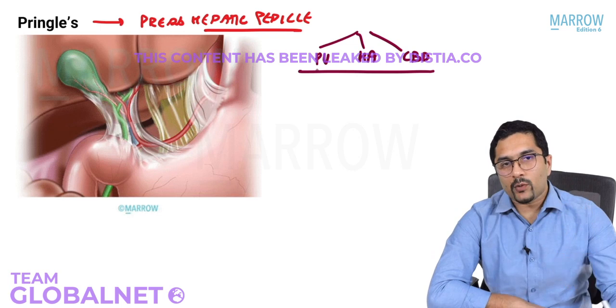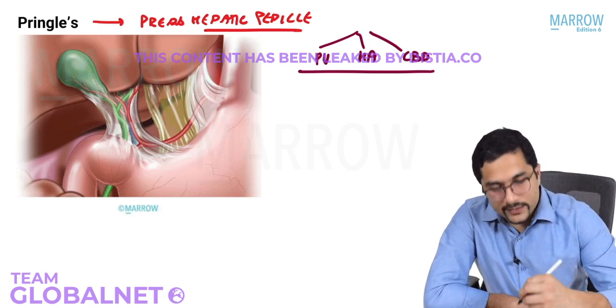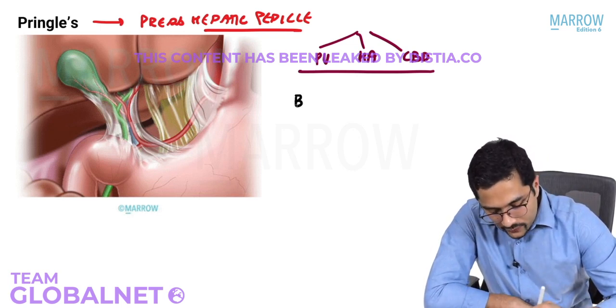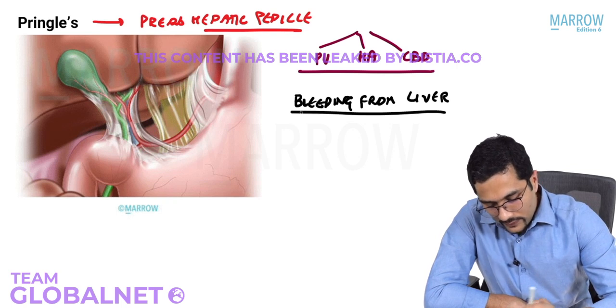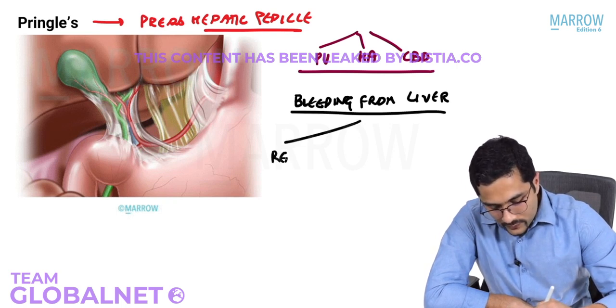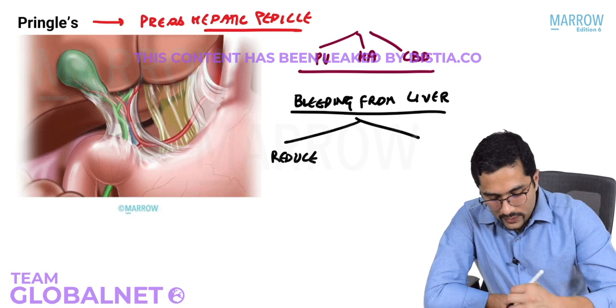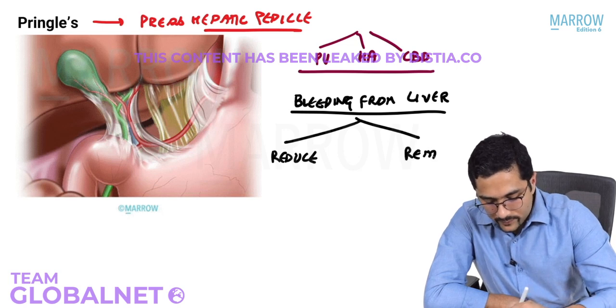So by pressing this, what is going to happen? If we press this, then bleeding from the liver can either reduce or it can remain the same.